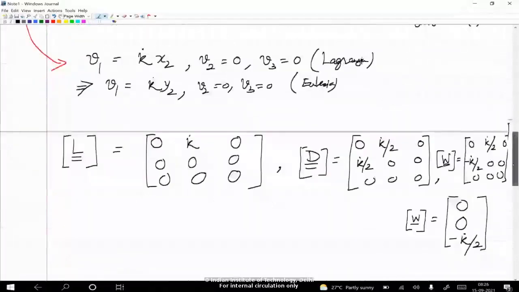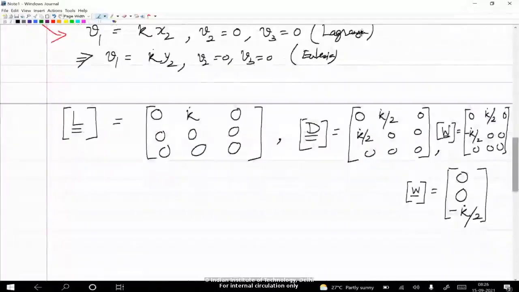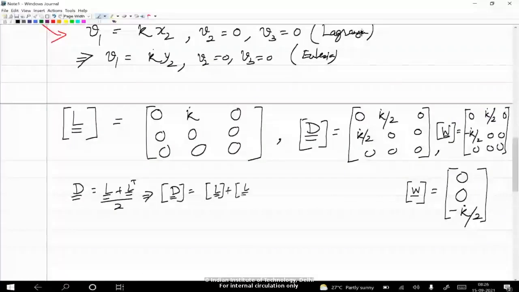So D matrix is simply the symmetric part of L, right? Once you have L, you know that D is equal to L plus L transpose by 2. So if you think of the matrix, then D matrix is L matrix plus L transpose matrix divided by 2.